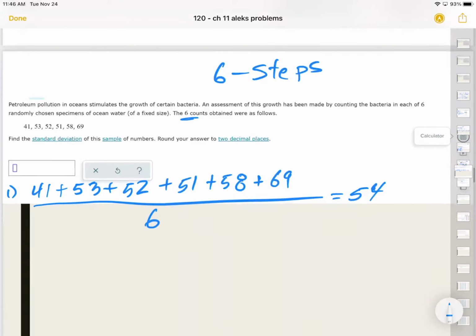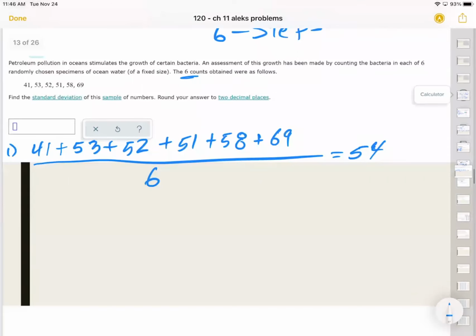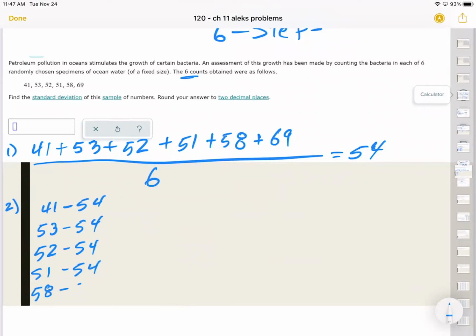And now what do I do with that 54? Well, I have to take the second step. I have to take the 41 minus the 54, the 53 minus the 54, 52 minus the 54, 51 minus the 54, 58 minus the 54, and 69 minus the 54.